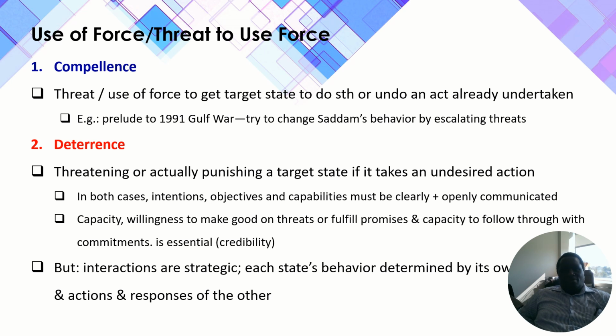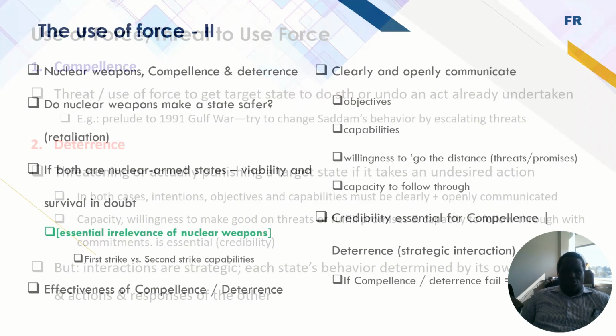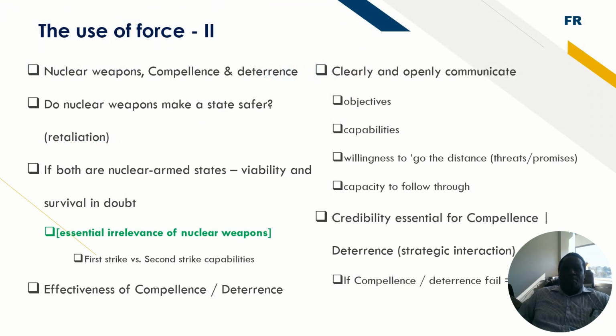And sometimes the use of force can be in deterrence, and so punishing a state if they have taken action that was undesired. But these both require communication, they also require credibility that you're actually going to do what you say you're going to do.